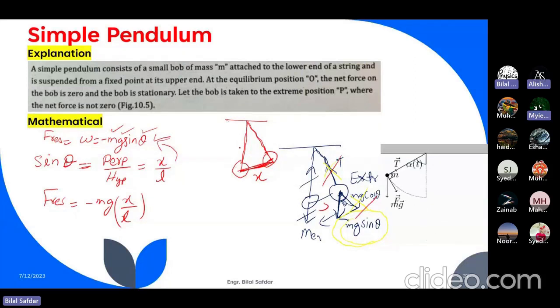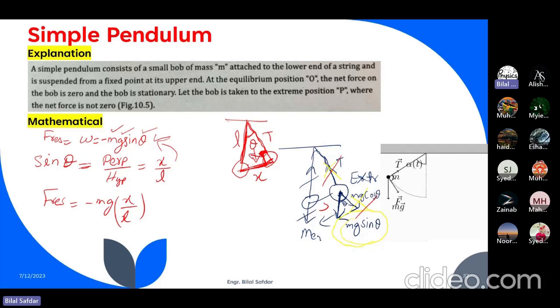Okay, this is the length of the string, and this is the tension. You can say that there is a theta involved here. The line that is in front of theta is called the perpendicular, and the line in front of the 90 degree angle is the hypotenuse.